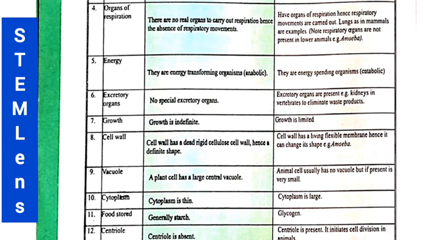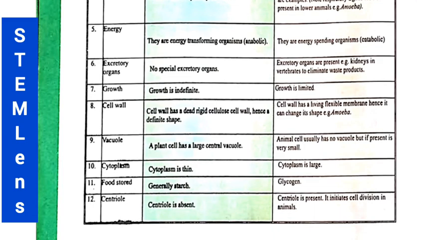Alright, for the cell wall, it says plants have a dead, rigid cellulose cell wall, hence a definite shape. Alright, that's for the plant. The plant has a cell wall, right? While animals have a cell membrane. It says here, a living flexible membrane, hence it can change its shape.